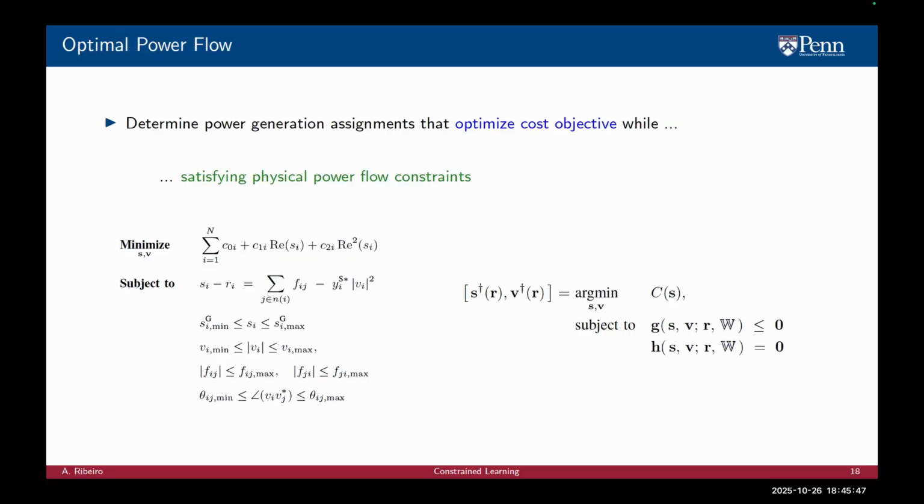Again, those equations don't really matter much to what I want to say. I can abstract all of these equations into this constraint optimization problem. You want to minimize some cost subject to some requirements, and you have inequality constraints and equality constraints. The thing that matters here is that these constraints over here are physical power flow constraints, okay? If you violate these constraints, you are breaking your grid.